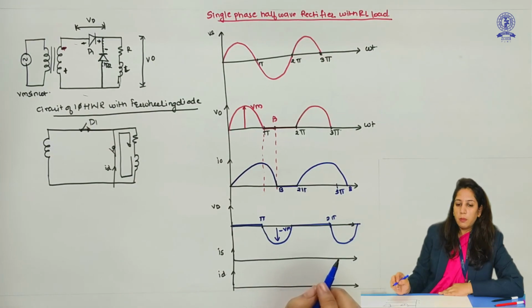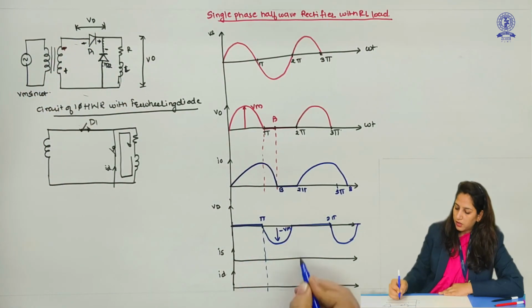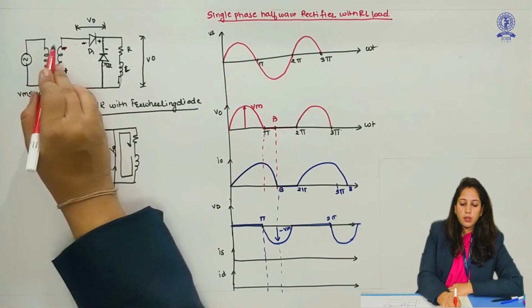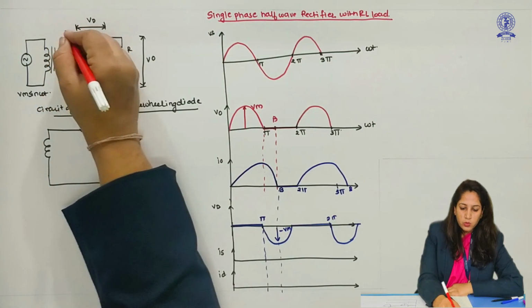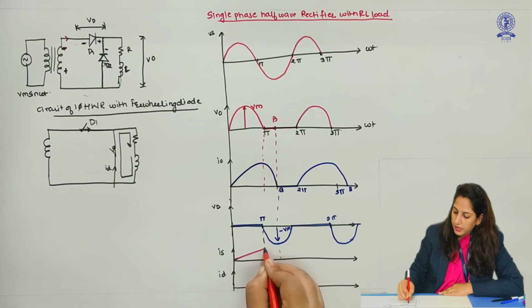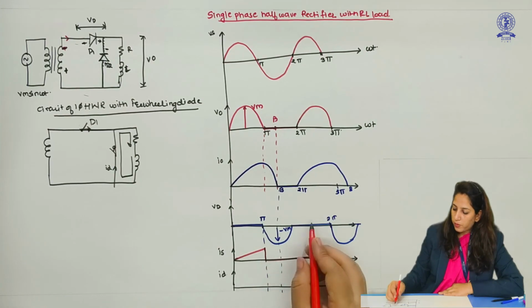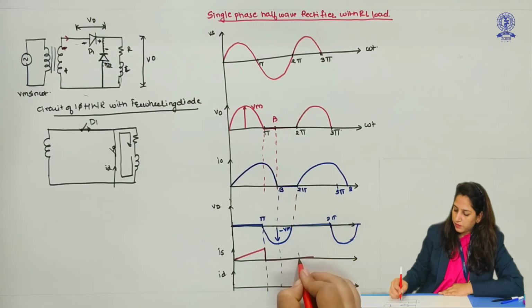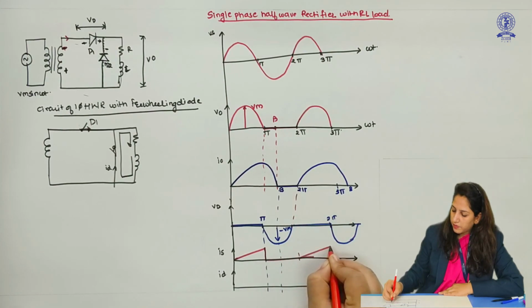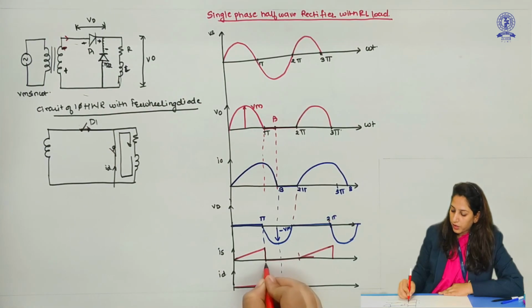Now we will see about the Is current. Suppose these are the projections I will be taking, and these are the beta. Is is the current present here. The current will increase till pi, and suddenly it becomes 0. Again from 2 pi it will increase and become 0.